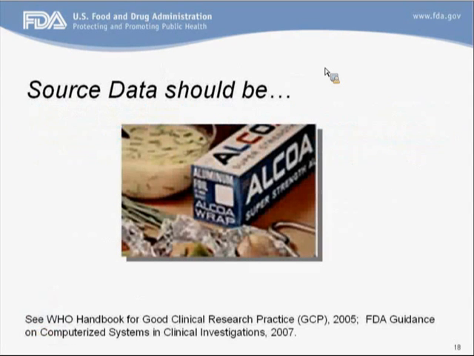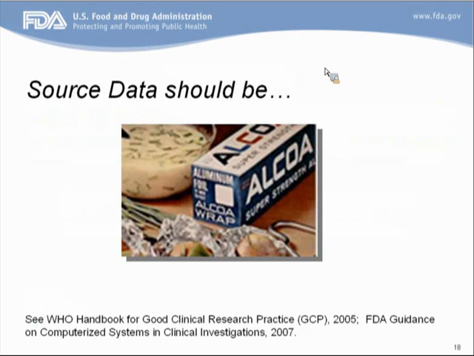So, source data, what about it? Well, it should be ALCOA. And it wasn't easy to find this graphic. I grew up with Alcoa Wrap, but now it's called Reynolds Wrap or whatever.